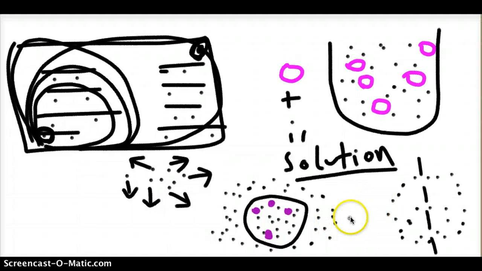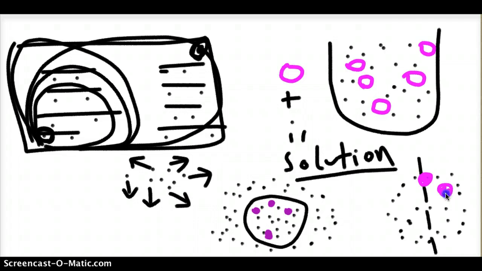But the sugar molecules cannot get out because they are too big. They are just too big, so they block the hole, just like that.